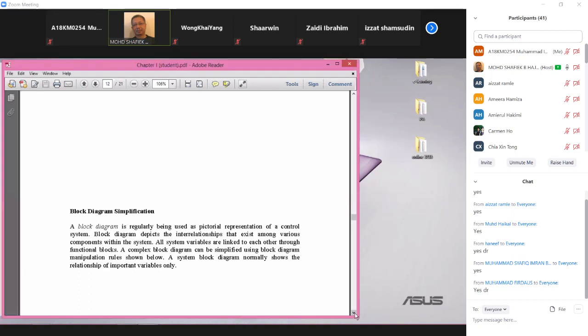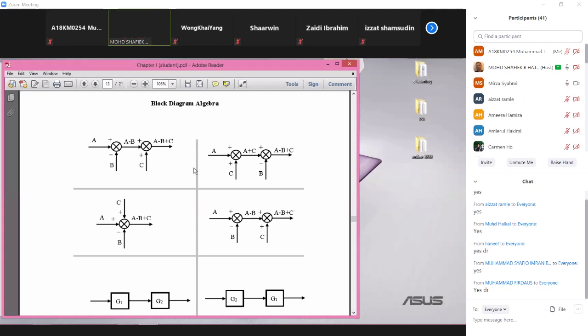You just look at the table here. These two are equivalent. So the left-hand column is equivalent to the right-hand column. If you have two summing junctions, you can interchange the summing junctions.